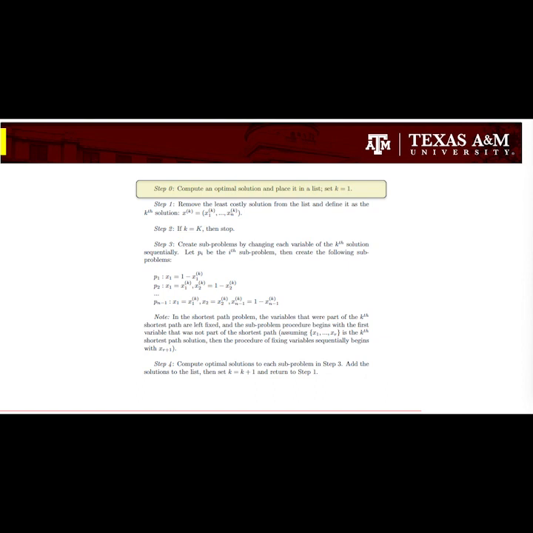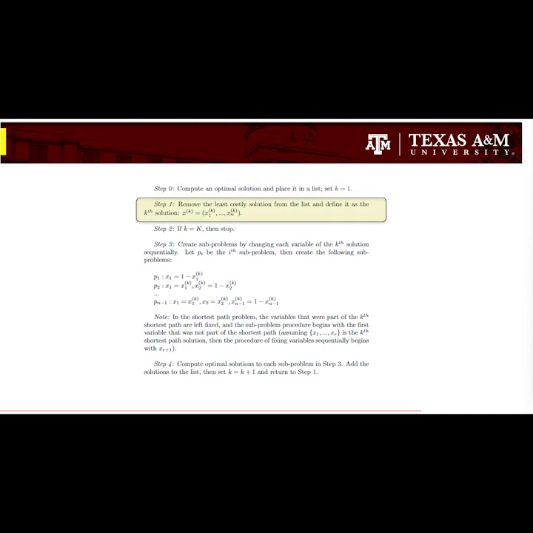But the general structure and concept between both of them really remains fairly similar, and that's what we're going to cover here. So in the first step, they compute an optimal solution and place it in a list, setting k equal to 0. Now, the solution that is similar to both problems is a solution vector of 0, 1 variables.